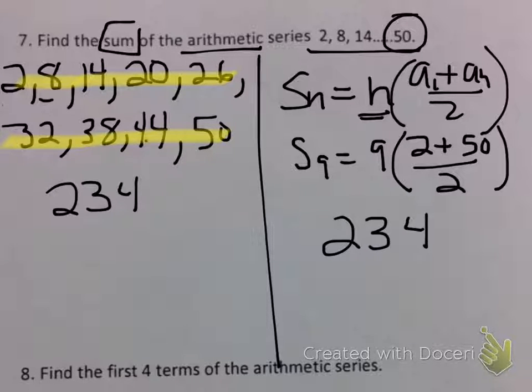So either way you do this, just by hand or by using the formula, it works out to be about the same amount of work. But in order to do it this way, over here, we would have had to use that other formula to find our n value if we would not have already had them written out. So just keep that in mind as you're solving.